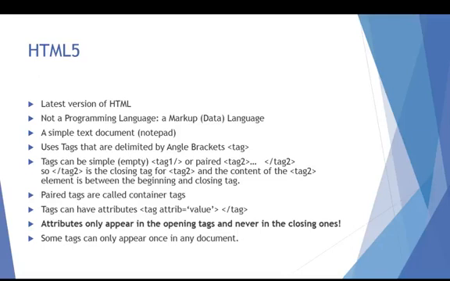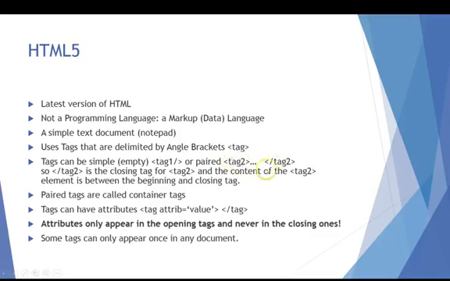So HTML uses these tags, and tags are delimited by angle brackets. So if you look here in this slide, I have TAG, that would be a tag, and it has an opening and closing angle bracket. And tags can either be simple, which means that they're empty, and then they have a slash here, or they can be a paired tag. And when we have a paired tag, we call that an opening and closing tag.